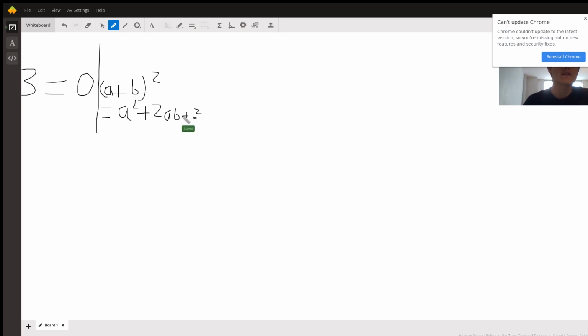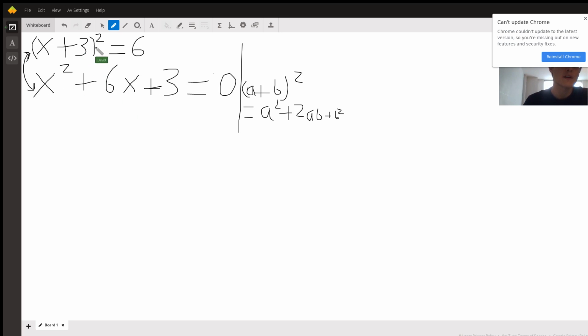If we apply that to (x + 3)^2, then we get x^2 plus 2ab, in this case 2 times x times 3, which is 6x, plus b^2, which is 9. However, we have a 6 on the other side. So when we subtract 6 from both sides, we get 3 on the left side, 9 minus 6, and on the right side, 0. So this equation, (x + 3)^2 = 6, is equivalent to x^2 + 6x + 3 = 0.